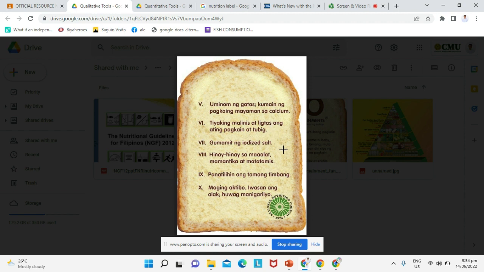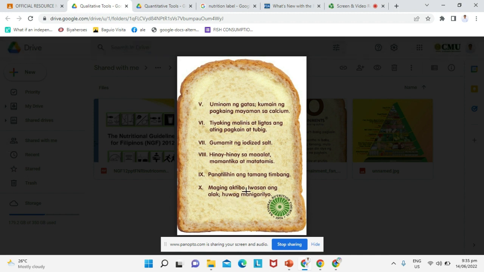Number 7 is ensuring iodine status through consumption of iodized salt. Number 8 talks about moderation. Okay, hinahinay sa maalat, mamantika at matatamis. Number 9 is weight maintenance, healthy weight maintenance. And number 10, moving lifestyle na, maging aktibo.